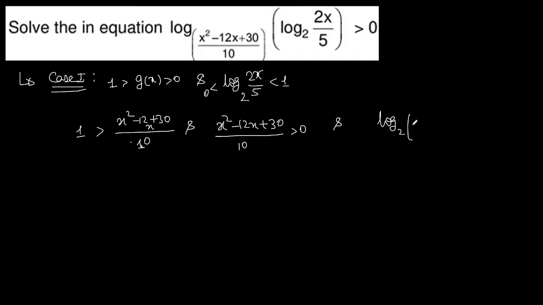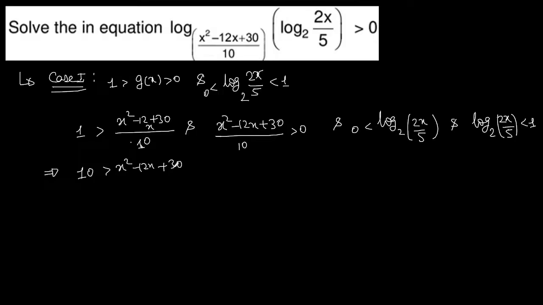And log base 2x plus 5 is bigger than 0, and log base 2x plus 5 is less than 1. Okay, we'll cross multiply 10. We will have x square minus 12x plus 30.